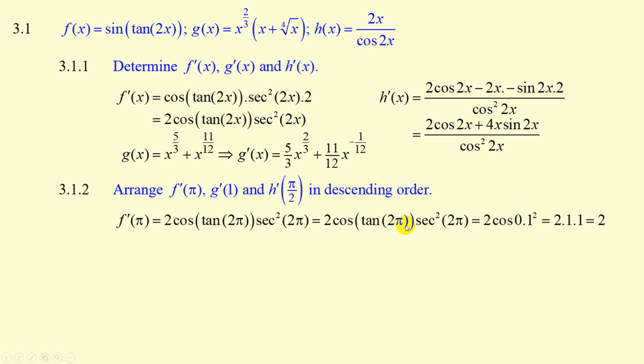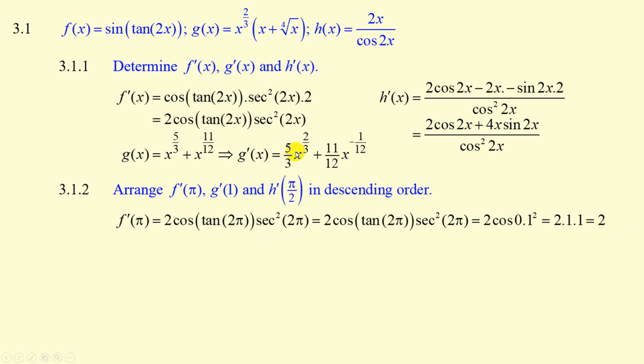So this whole thing inside the tan becomes 0 inside the cos. So 2 cos 0. Sec squared of 2 pi, you can actually use your calculator to do them too if you really worry, but remember to have your calculator on radians and remember to switch back. So we end up with a value of 2.